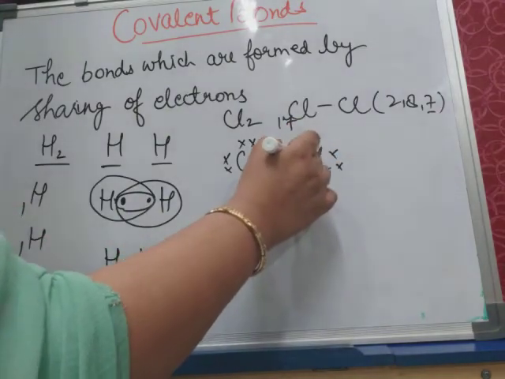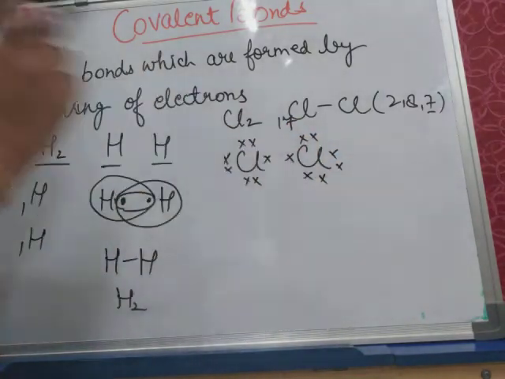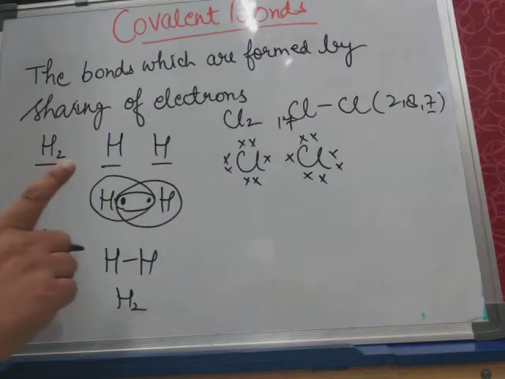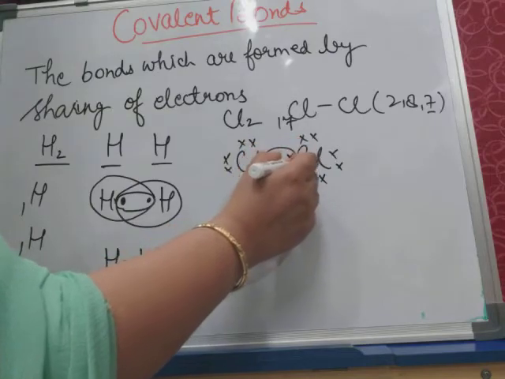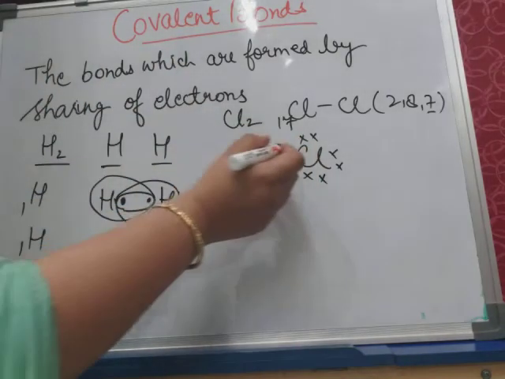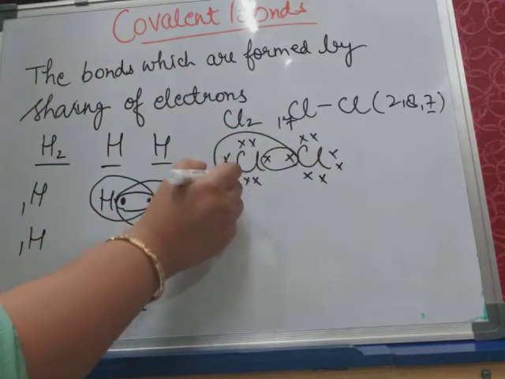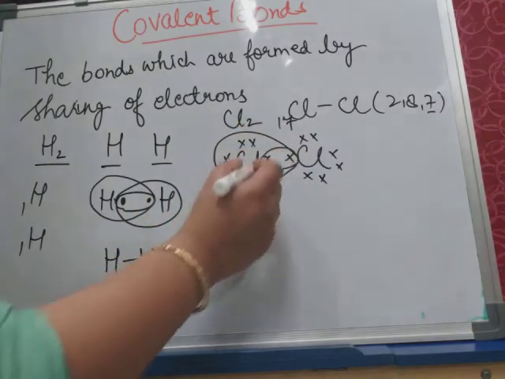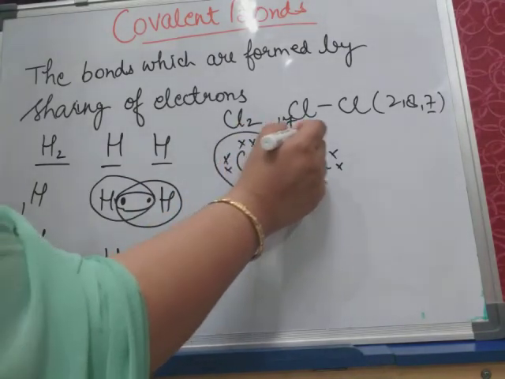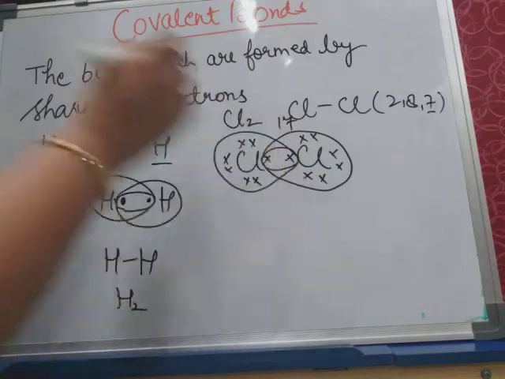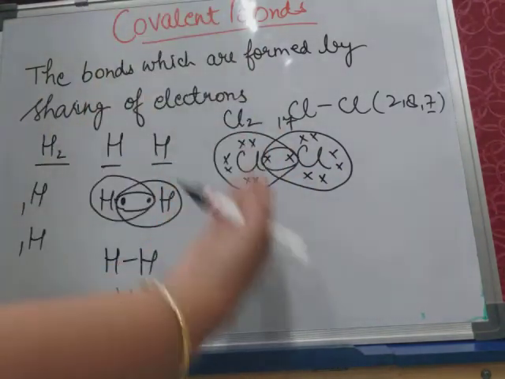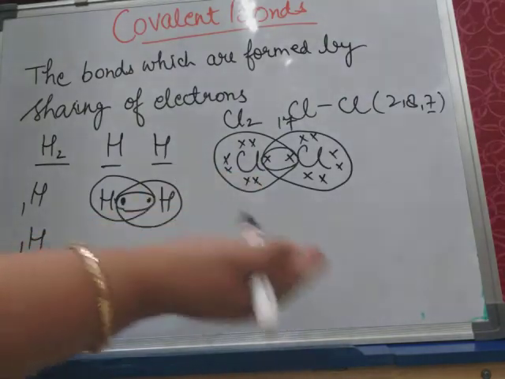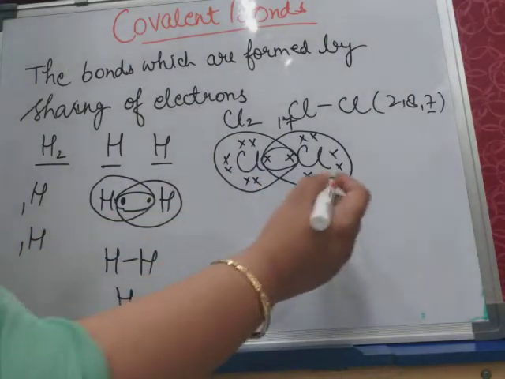1 2 3 4 5 6 7. See, both of them are needing one electron each to complete their octet. So they both share this one electron among themselves. And here the octet of chlorine will be completed, and for this chlorine also, they both will attain stable electronic configuration of the nearest noble gas, that is argon.